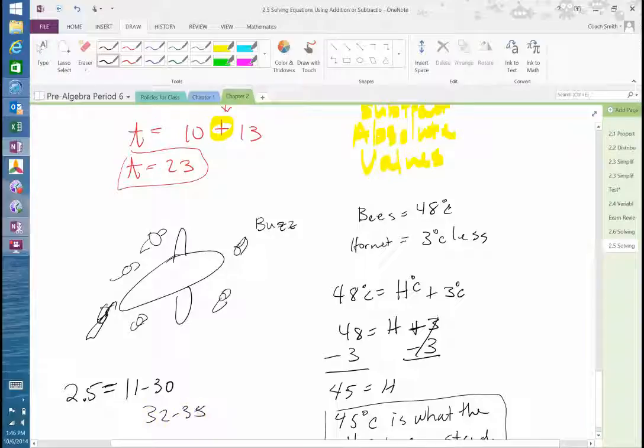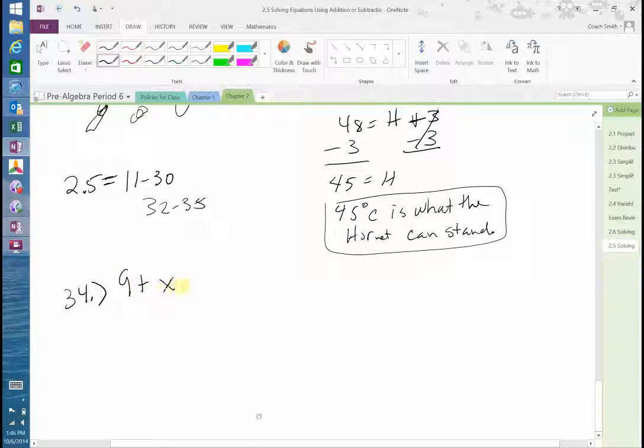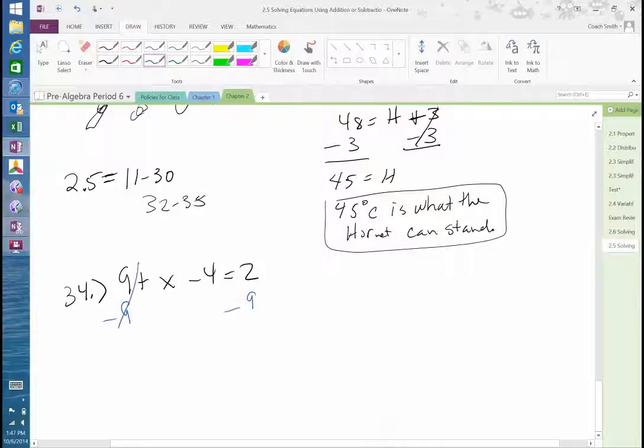Now, I want to show you number 34. Look, real quick, listen. So that's what 34 looks like. Okay? All you have to do is this. Subtract 9, it cancels. Subtract 9 over there.